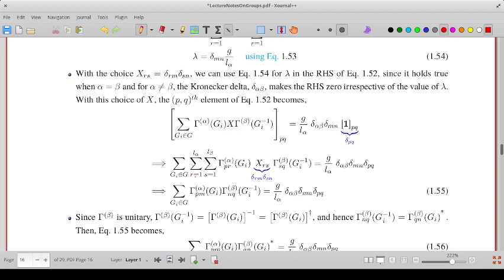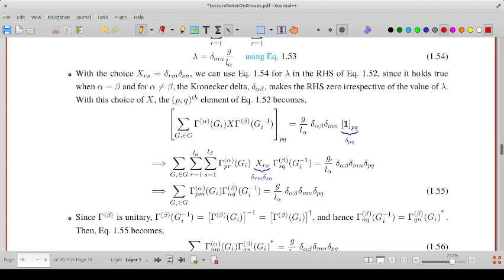For this product, I will use r as the summation index, running from 1 to L alpha. So I am taking the pqth element. I will have gamma alpha pr times xrs times gamma beta sq. So r and s are summation indices and s will run from 1 to L beta.